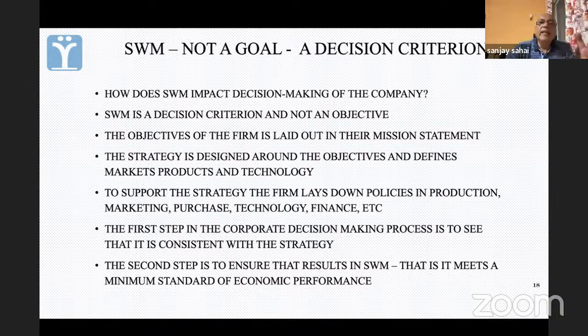So basically, when the manager takes a decision about the direction the company is going to move in, he will take this as one more dimension in his decision.